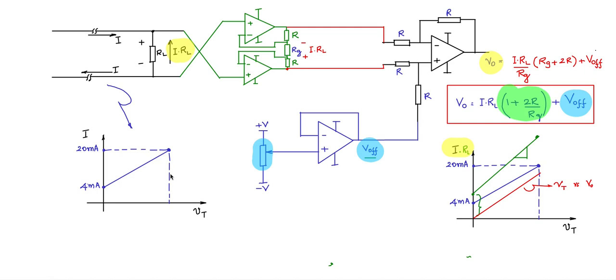We studied that one. Then the zero and span circuit, if the transducer is in a remote location, you need to transmit using a 4 to 20 milliamp transmitter receiver combination, which we recently discussed.